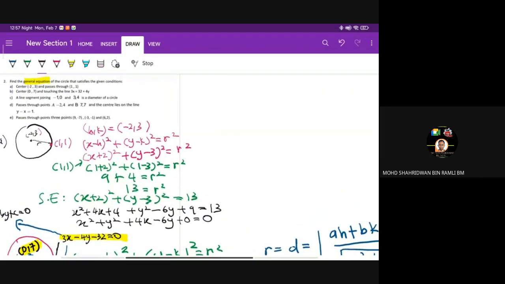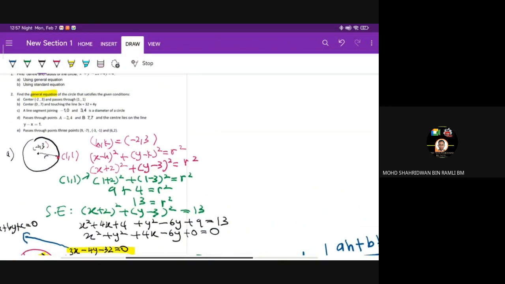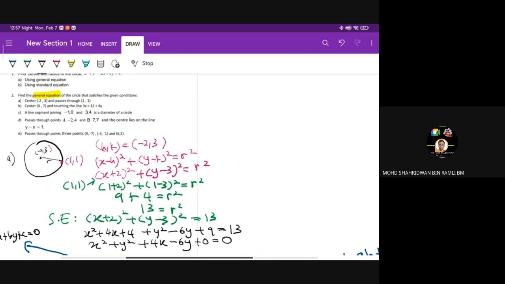Okay, so next, for part C, a line segment joining (negative 1, 0) and (3, 4) is the diameter of a circle. So I think this one is very simple.